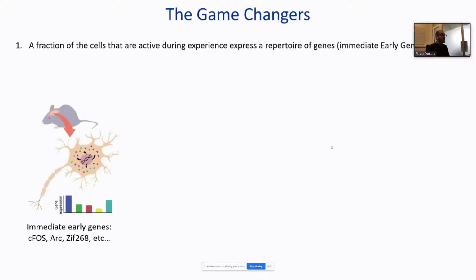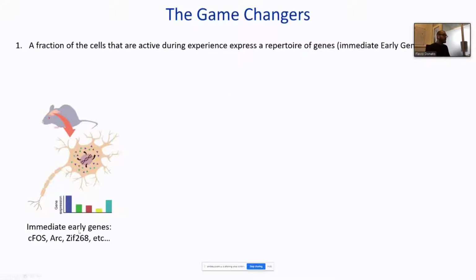The game changers in this quest to understand how the brain works are basically two. On one hand, it was the discovery that a fraction of the cells that are active during an experience start to express a series of genes that have been called immediate early genes.